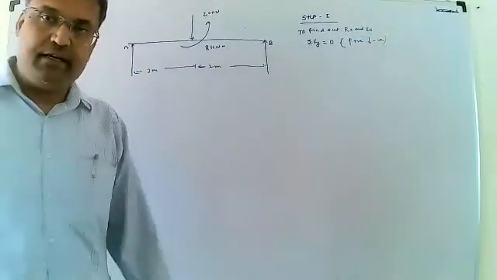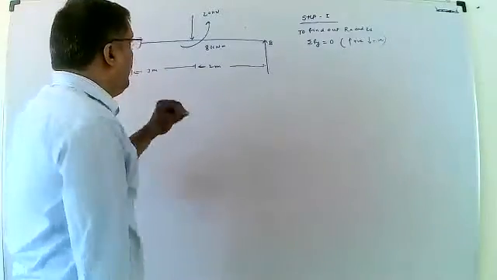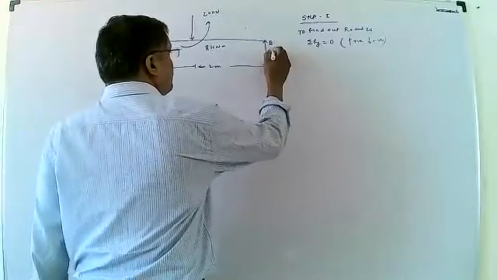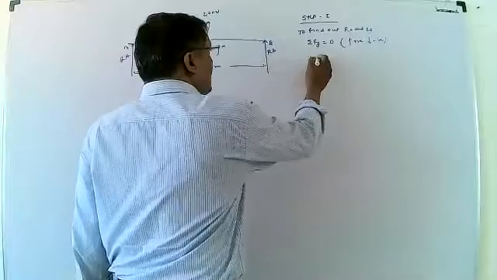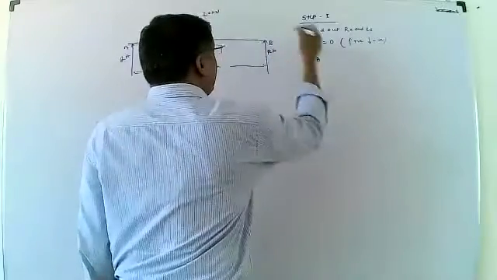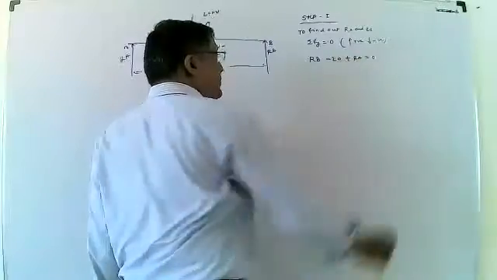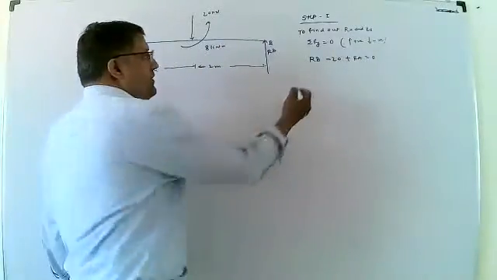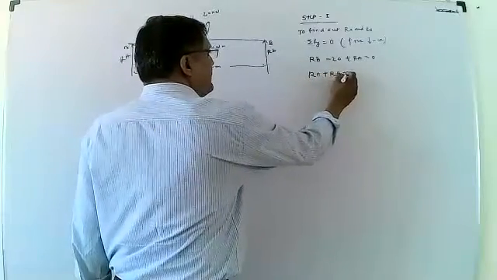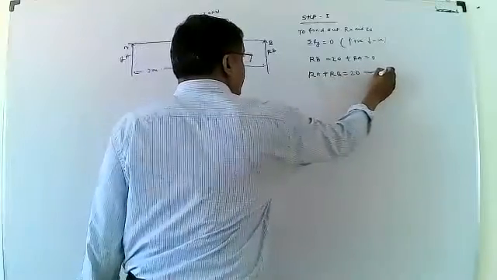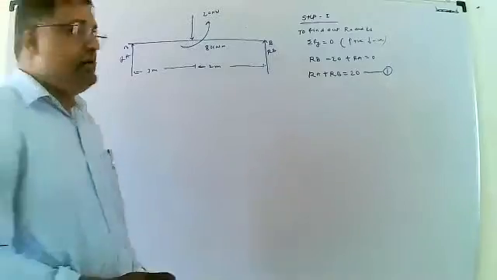Sign convention: upward force is taken as positive and downward force as negative. The reaction is vertically upward, then downward minus 20, that is equal to 0. RA plus RB is equal to 20, considered as equation number 1.